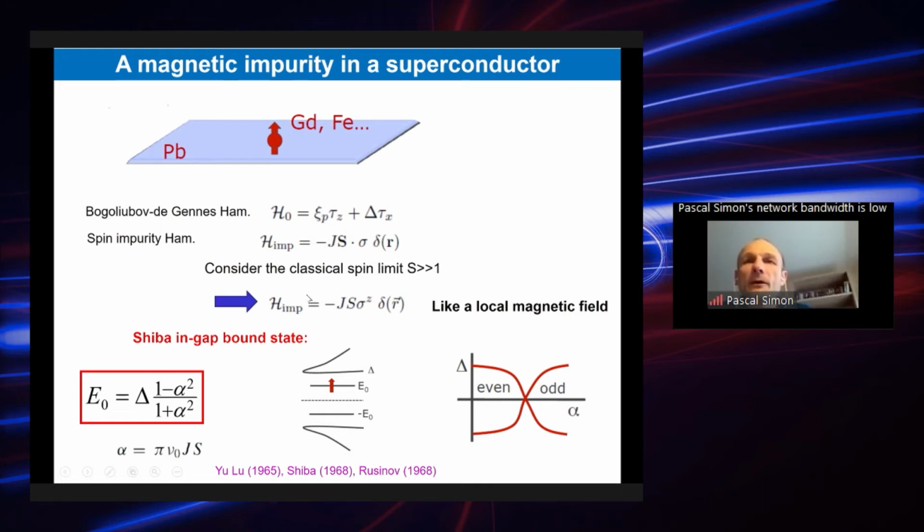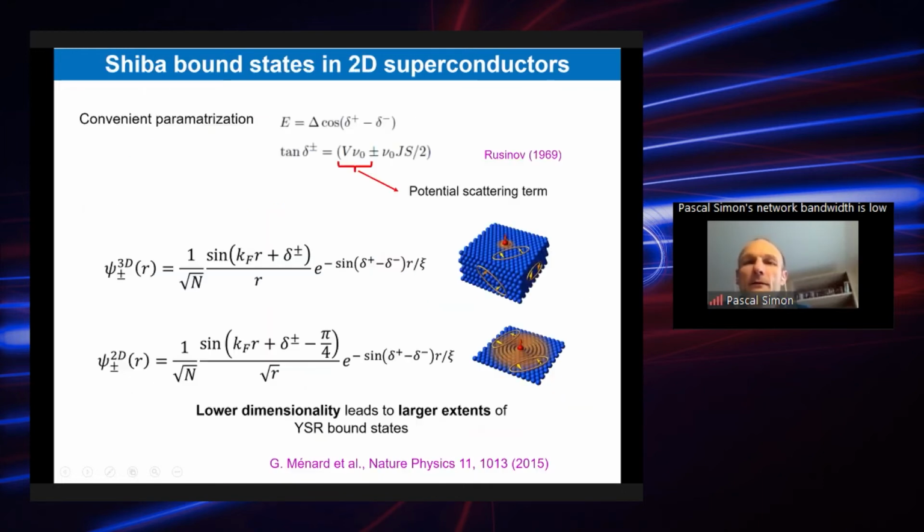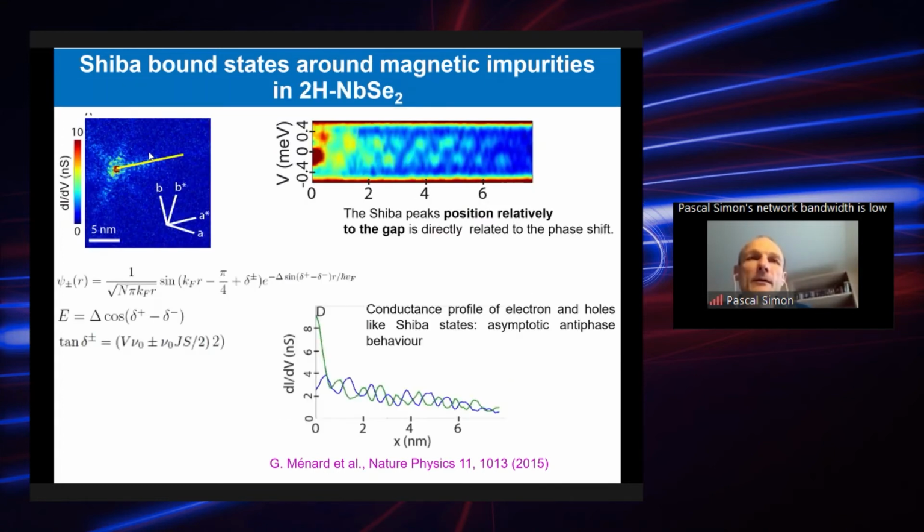So these bound states have been studied to a large extent, both in 3D and in 2D, and it has been proven they have a long spatial extent, which can actually be useful to build more complex structures. Here, for example, are experiments of my collaborator in Paris, where they have magnetic impurities in niobium diselenide, and they found a very long spatial extent of the Shiba bound states, which is typically of the order of 10 to 20 nanometers.